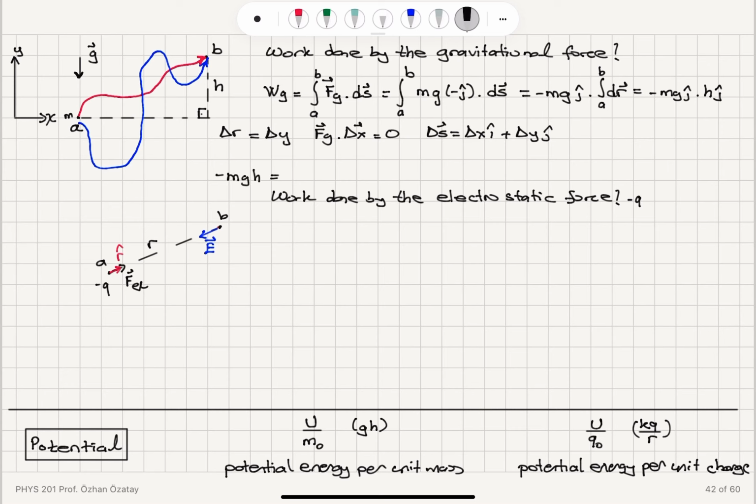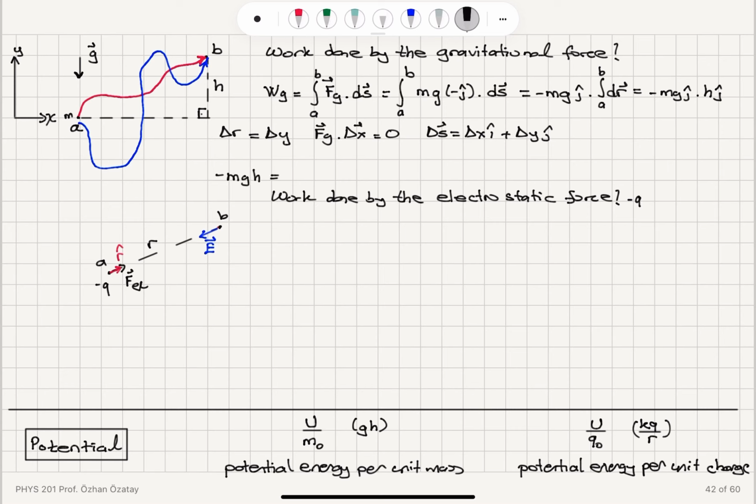It is QE r evaluated between A and B. So if I set the position of A to be 0, this is QE times the position of B minus QE times the position of A. That is minus the change in potential energy, minus (UB minus UA). So this is UA minus UB.